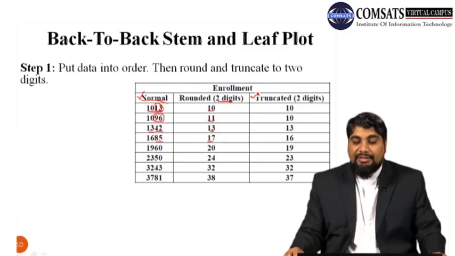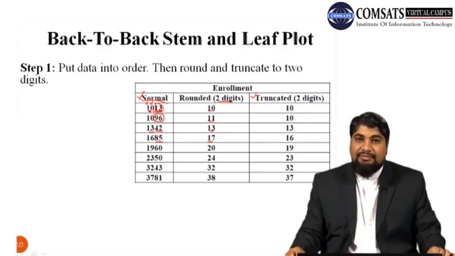The third column is the truncated digits, truncated to 2 digits. Since we want to truncate 1013 to 2 digits, the first digit is 1 and the second digit is 0.